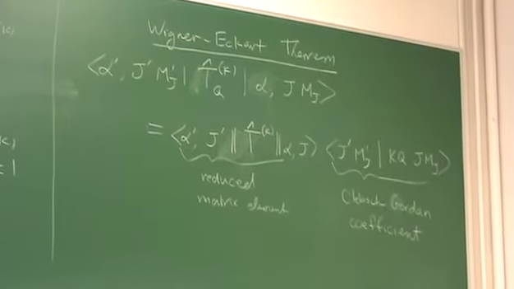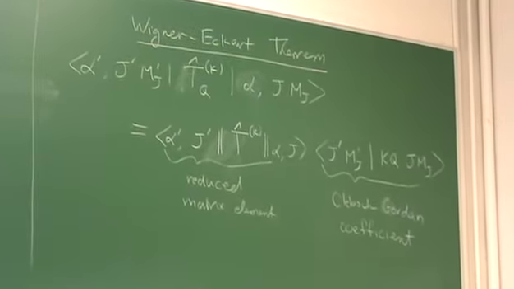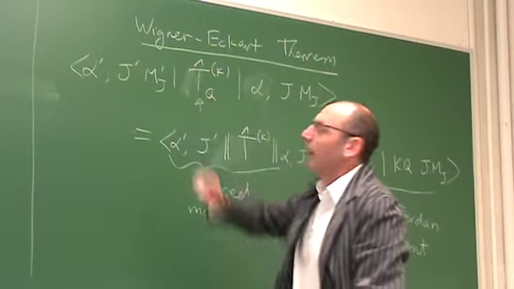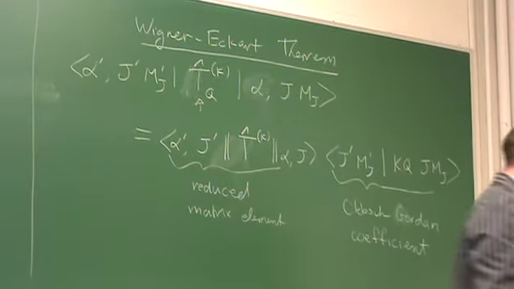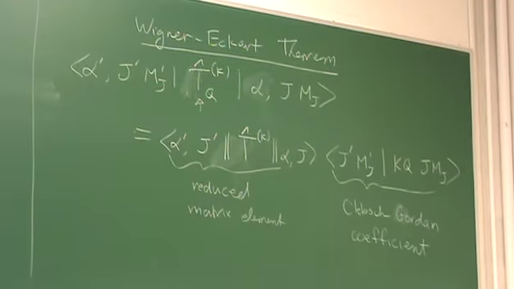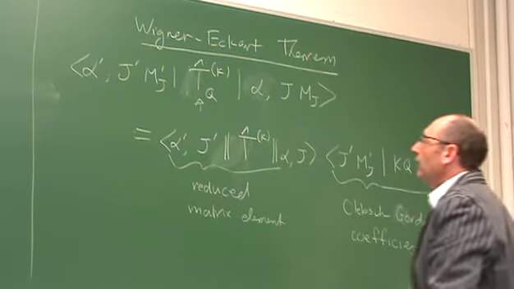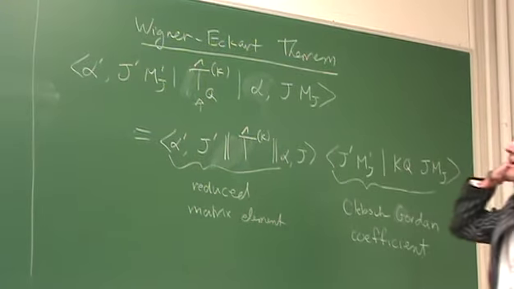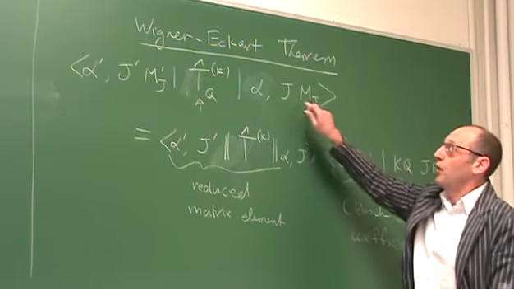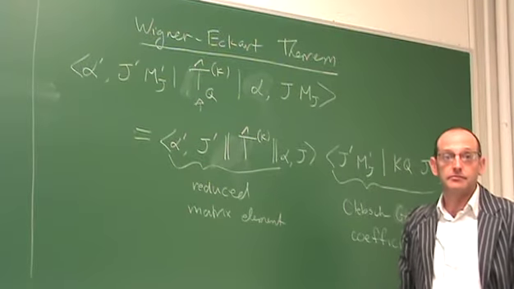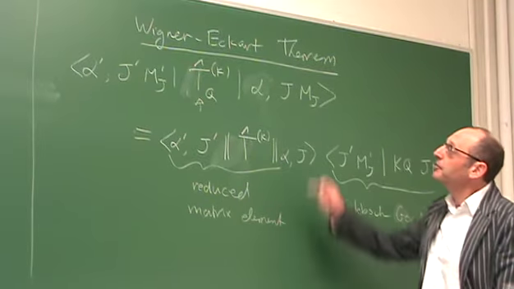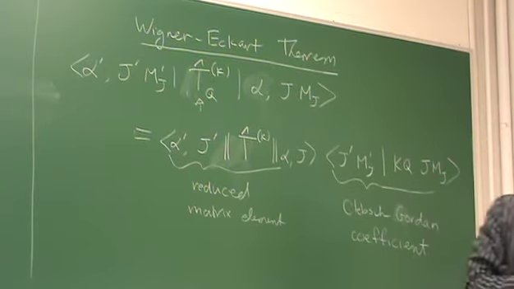The Wigner-Eckart theorem tells us that if I look at the components of an irreducible tensor operator with respect to the angular momentum operator J, and I look at its matrix elements with respect to states that are eigenstates of J squared and Jz, then the matrix elements break up in the following way.